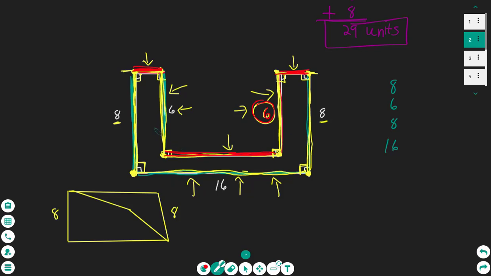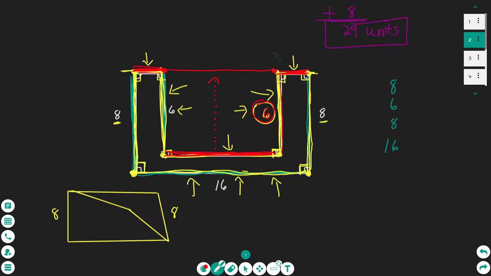Well, this again is going to go back to the fact that we have all 90-degree angles everywhere. And what I want you to do is imagine taking this red line right here, this one right at the bottom, this bottom line. Take that red line and just move it up so that it sits right here.